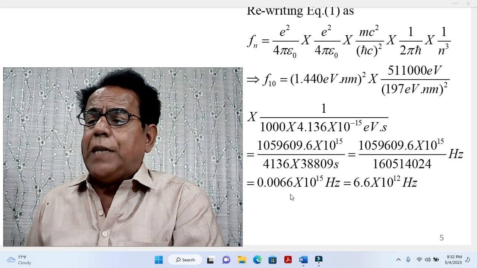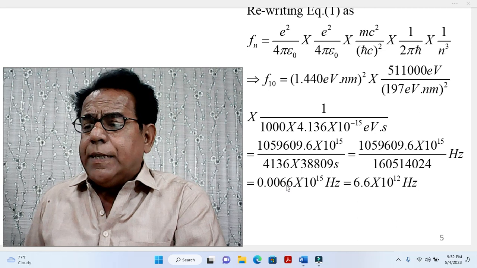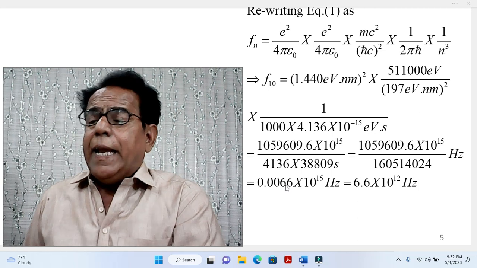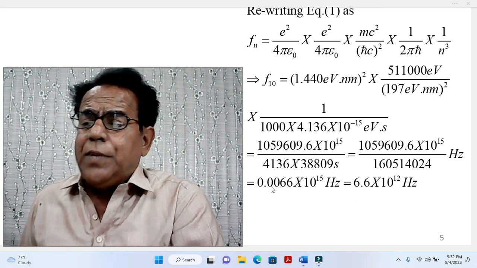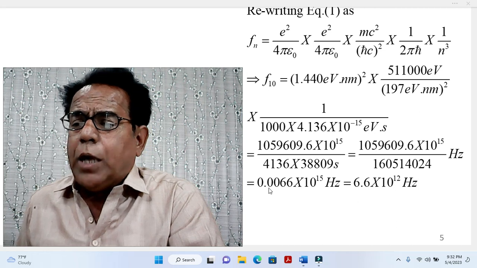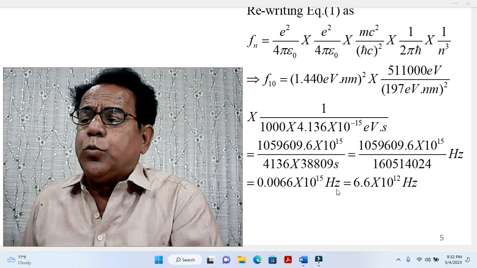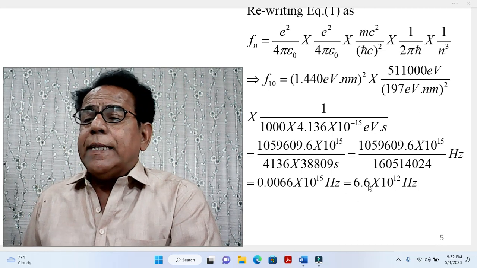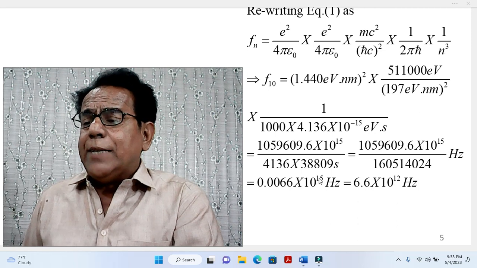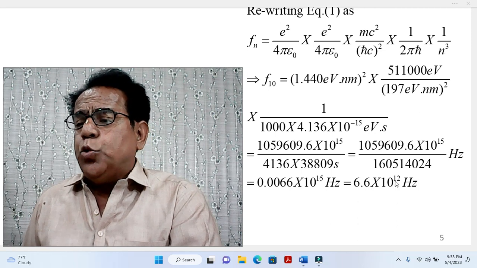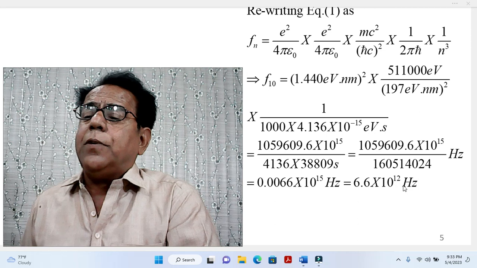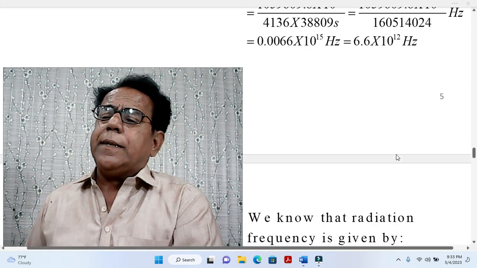Because we have shifted the decimal here, when we convert 0.0066 into 6.6, then this 10 raised to the power 15 will be reduced to 10 raised to the power 12 hertz. So one part is solved.